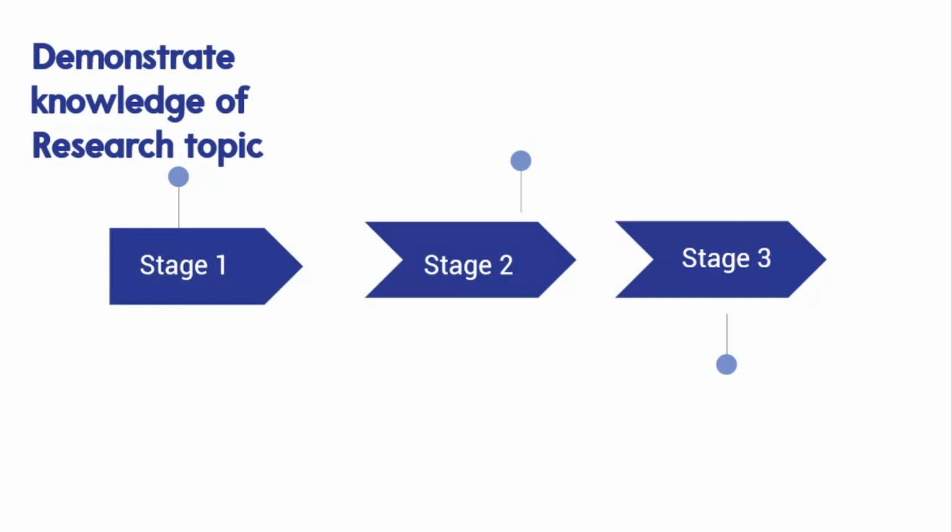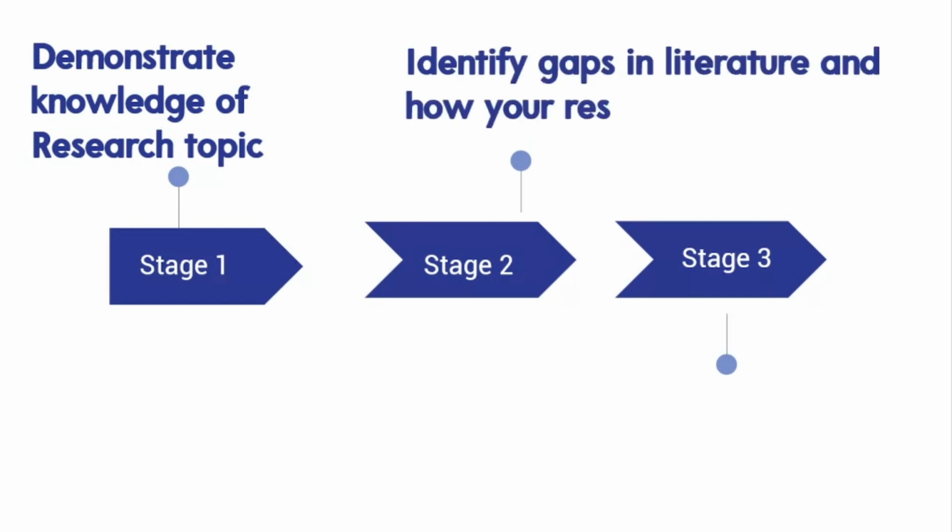And you use the literature review in order to expand your knowledge in the research topic you are conducting. The second stage of your literature review is to be able to identify the gaps that exist in literature and how your research links to these gaps. Obviously, every research that has been conducted would have one gap or the other which your study will seek to fill.